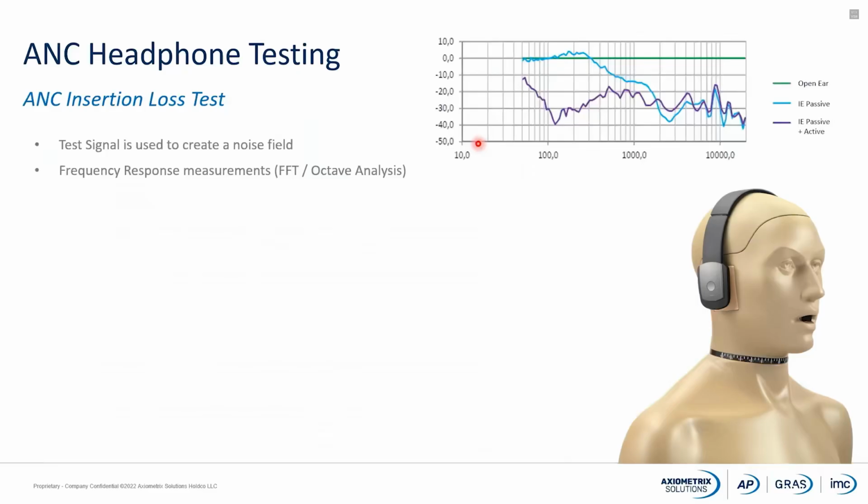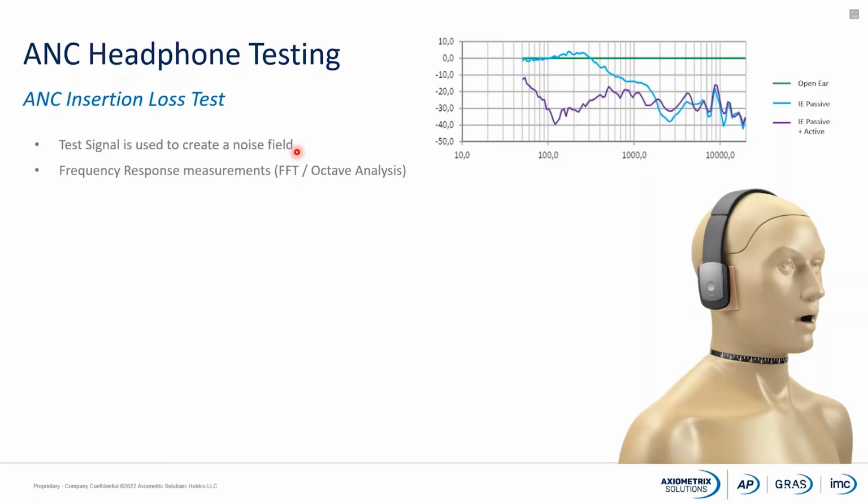Let's look at the ANC headphone testing in terms of the insertion loss test. As I mentioned before, we're going to have a test signal that is going to be used to create the noise field. This could be a very basic reference signal such as pink noise, or it could be a realistic signal such as noise from the metro, noise from the coffee shop, noises from the street, and so on.